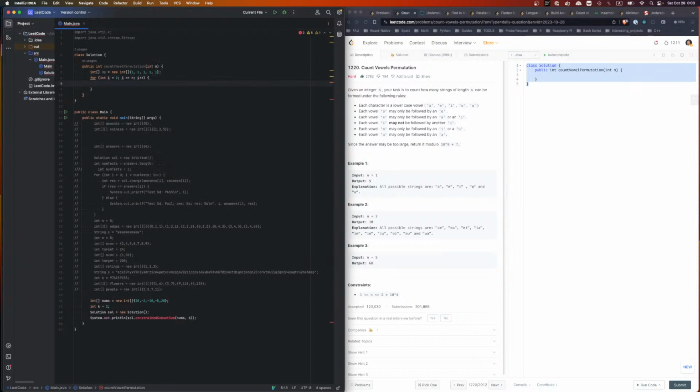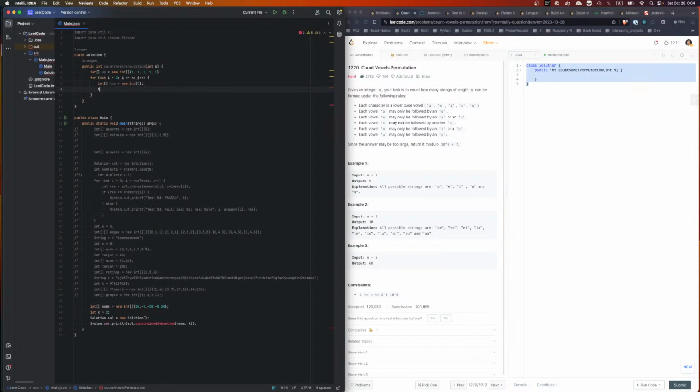So for each one, we're gonna get a new int temp, new int 5. Right, so temp 0 shall equal to dp 1. Right, so we call this as e.